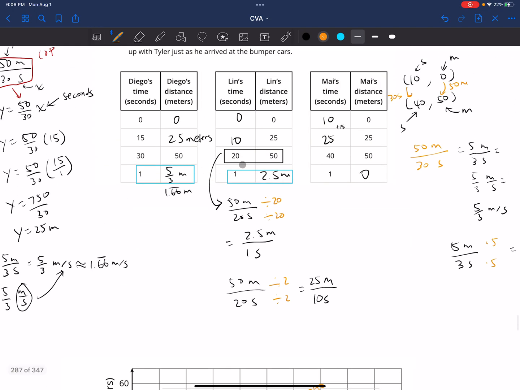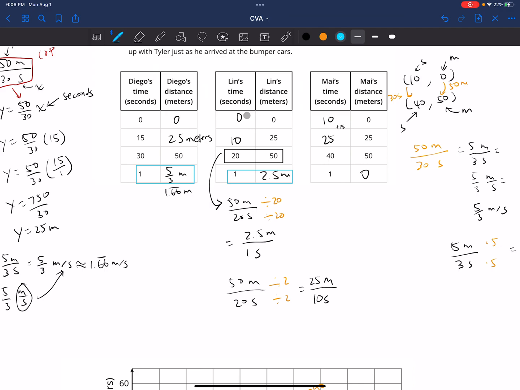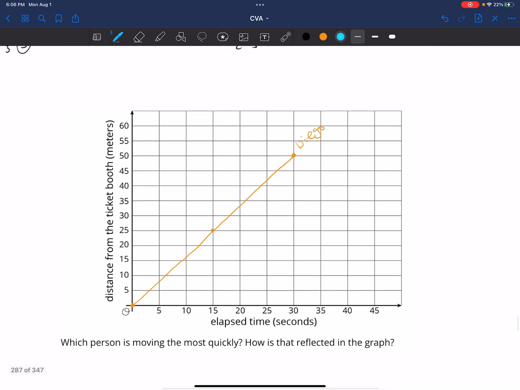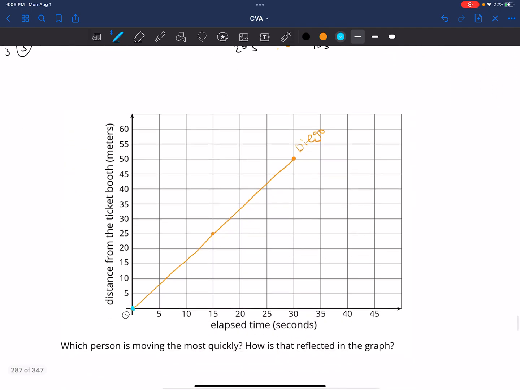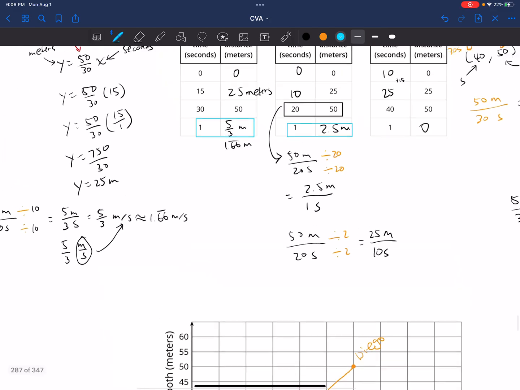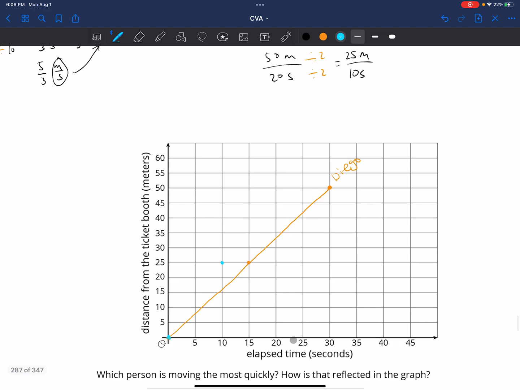And then let's look at Lynn's. Lynn is 0, 0. I'm going to do Lynn in this very highlighter bluish blue. So Lynn is 0, 0, and goes 10, 25, and 20, 50, 20 and 50 right there.